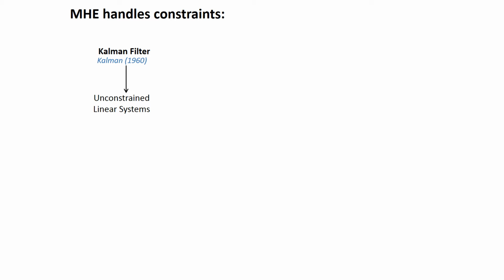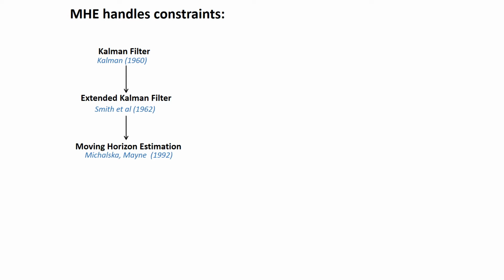Unfortunately, most systems in engineering are nonlinear, so Smith with his colleagues immediately extended this method to nonlinear systems. He used Taylor expansions to linearize the system about the working point. However, this method cannot handle the constraint on the system states and input.